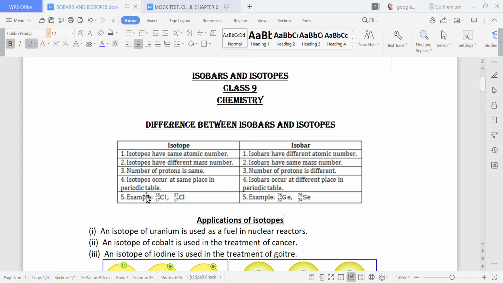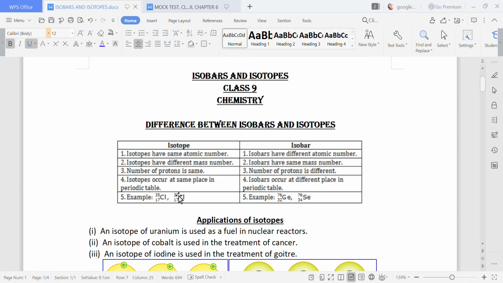Now, examples have been shown here, like chlorine is one of the examples of isotopes. As you see, the number which is written in the subscript, can you see both of them are the same, because we always write the atomic number at the subscript, or at the base. So both of them have the same atomic number, but the numbers written in the superscript are different, because this is the mass number.